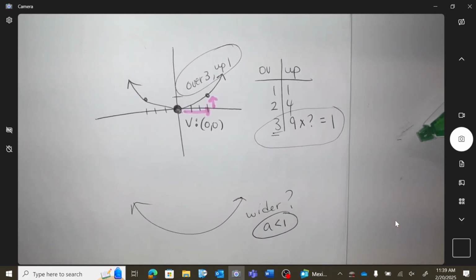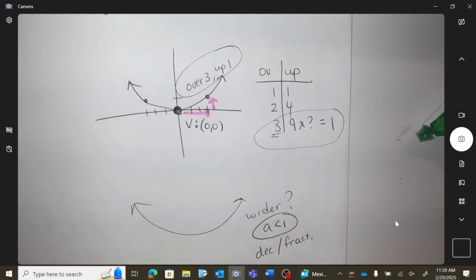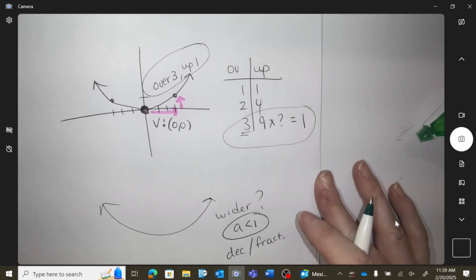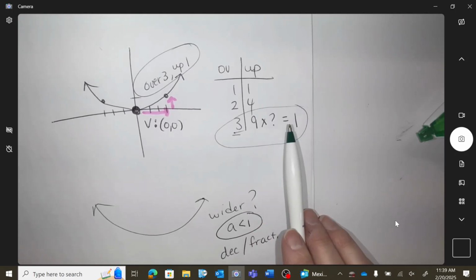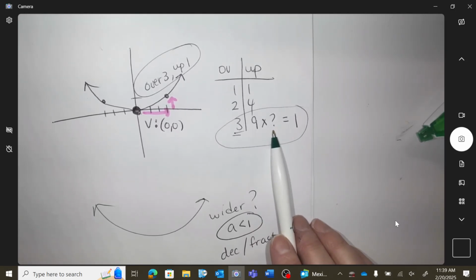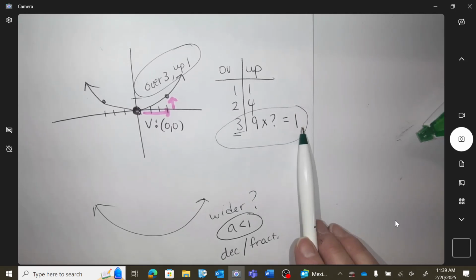If we're smaller than 1, you're probably going to think decimal, fraction, right? Would that make sense? Decimal, a fraction. So could you think of a fraction that would work there? 9 times what fraction could turn into a 1?